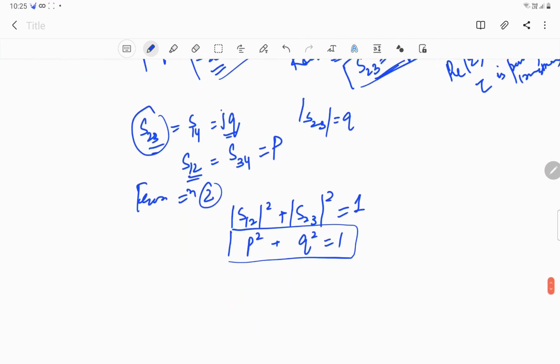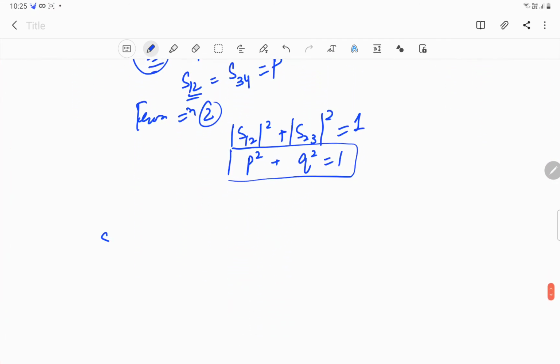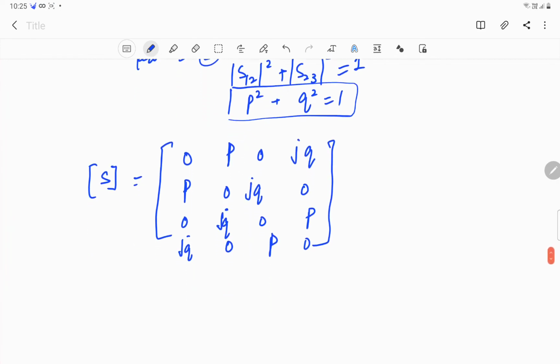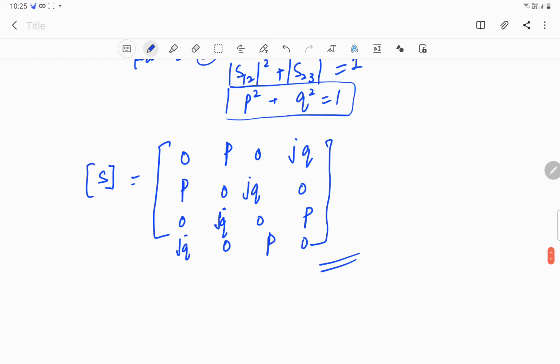Now let me write the S matrix then. So the final S matrix of this directional coupler is 0, p, 0, jq; p, 0, jq, 0; 0, jq, 0, p; jq, 0, p, 0. This is the final S matrix of our two-hole directional coupler.